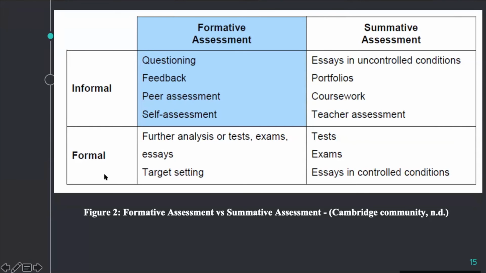Then again, formal assessment could be in the formative as well as the summative. For example, you could further analyze tests and exams. For instance, you would ask students to write essays or paragraphs or whatever you're working on. Then again, there's something that we do in class sometimes, not most of the time, and not a lot of teachers like to do it.